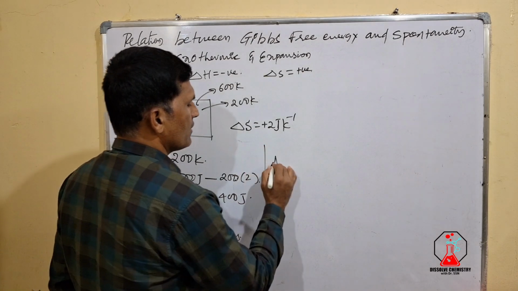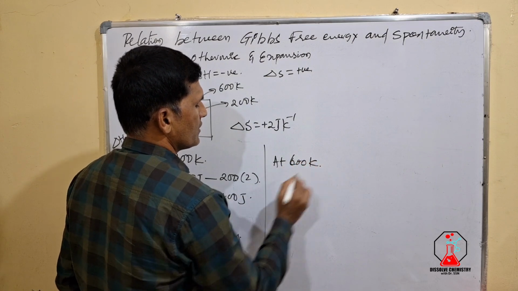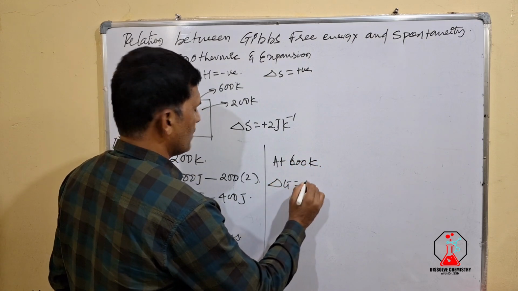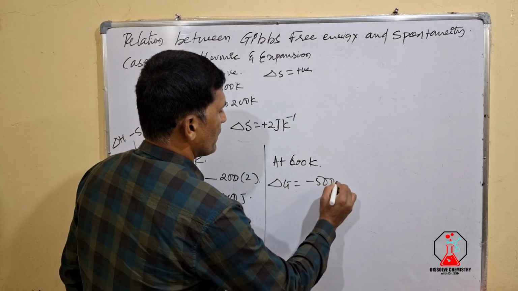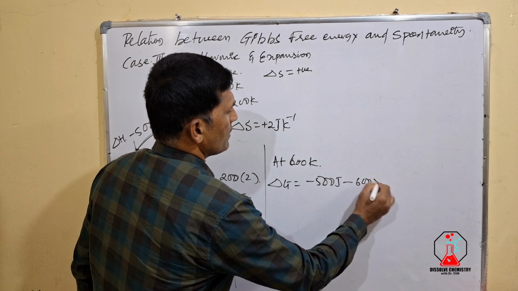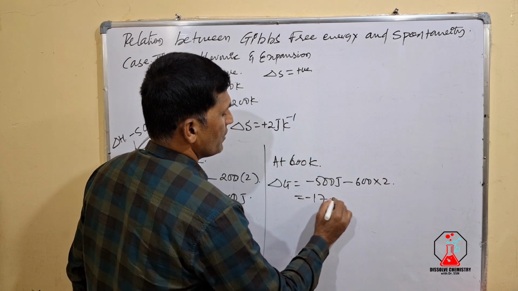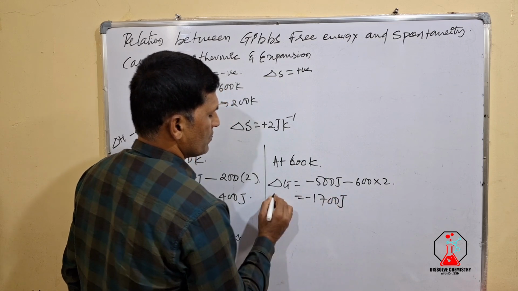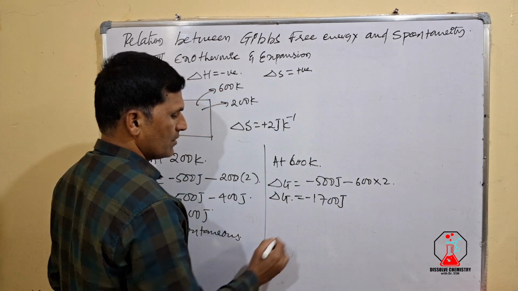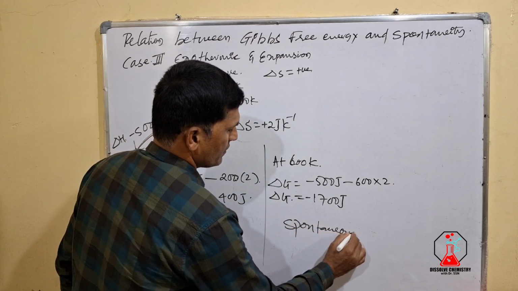Similarly, we will see at 600 Kelvin. Here delta G is equal to minus 500 joules minus 600 into 2. So that turns out to be how much? Minus 1700 joules, delta G. So here it is also once again spontaneous.